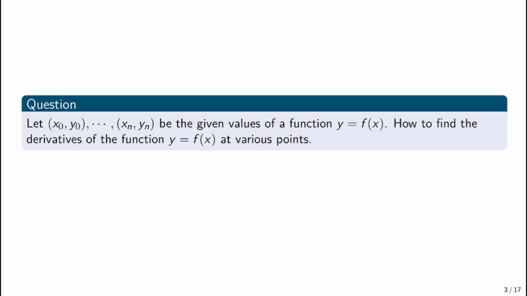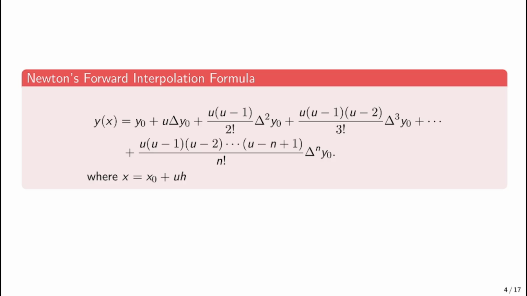That means we use this data set to construct a polynomial which is the best approximation for the function f of x. There are various methods to find such a polynomial. Here, let us look into Newton's forward interpolation formula.